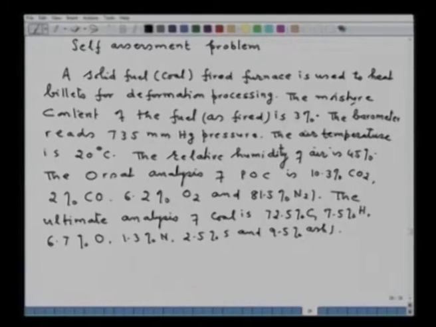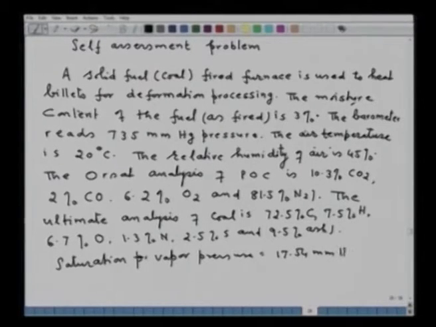Air temperature is given, the relative humidity is given, and it is also given the saturation vapor pressure of moisture at the temperature and pressure, that is equal to 17.54 millimeter mercury.